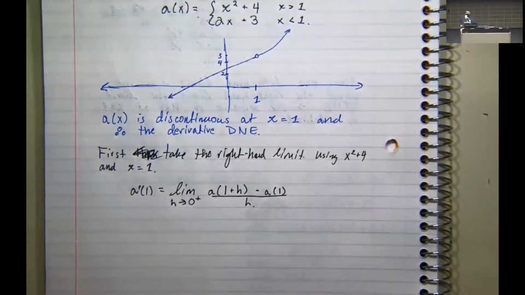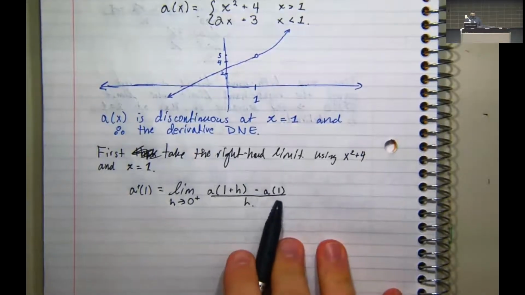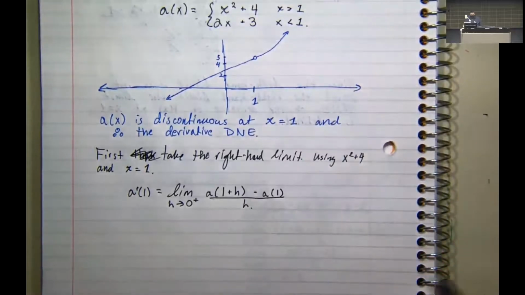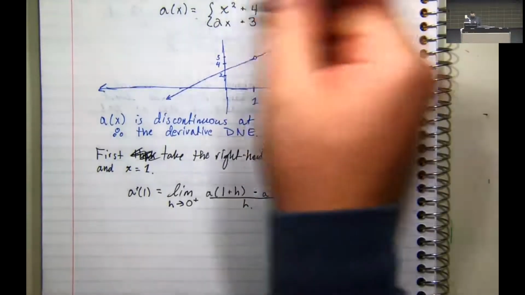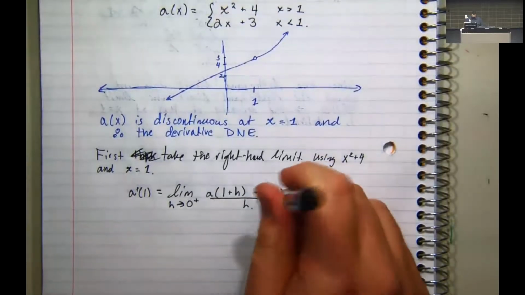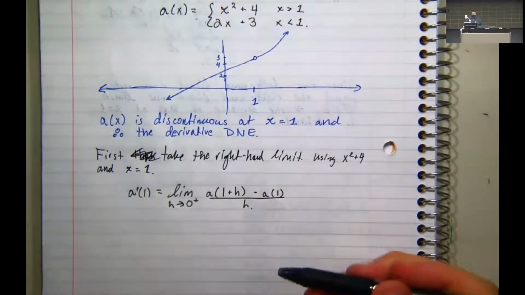Immediately we say, we need to find what a at 1 is. If we look at the graph, a at 1 is undefined. It also is not defined within the piecewise function. Since we have nothing to sub in there, we aren't able to compute this.